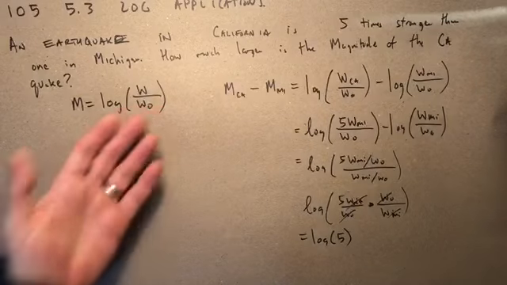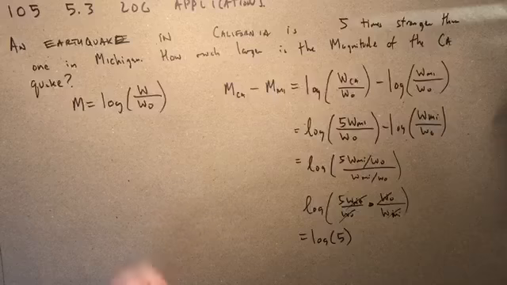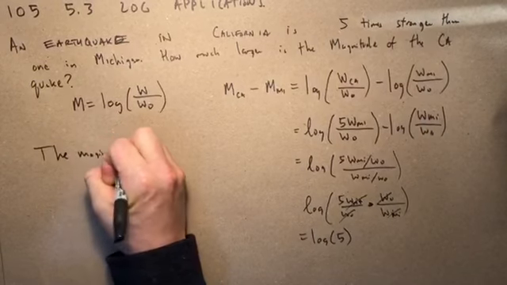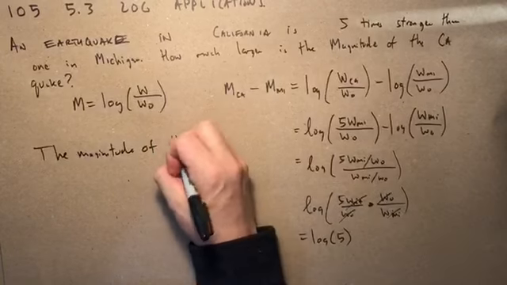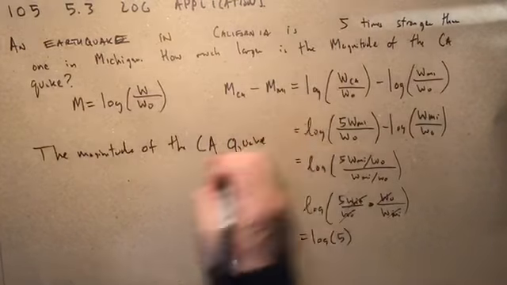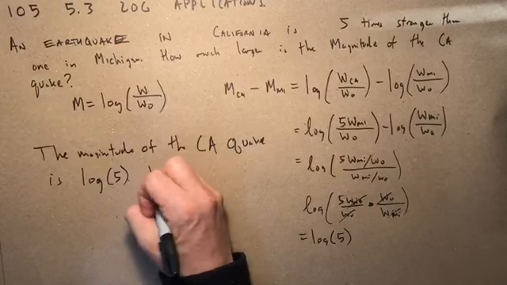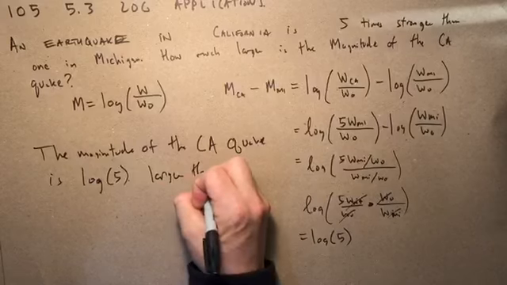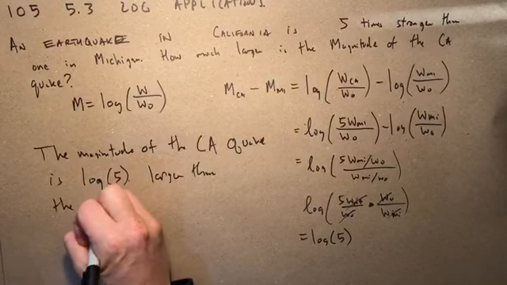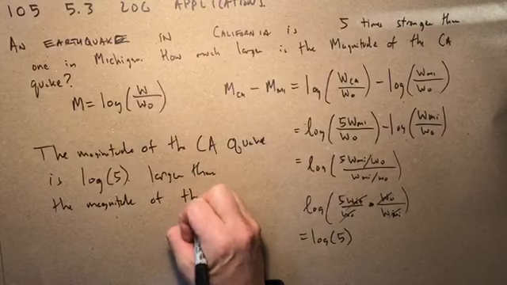And so what this lets us know is that the magnitude of the California quake is log of 5 larger than the magnitude of the Michigan quake.